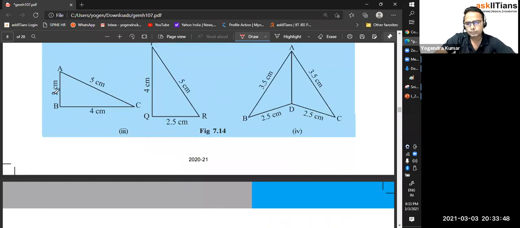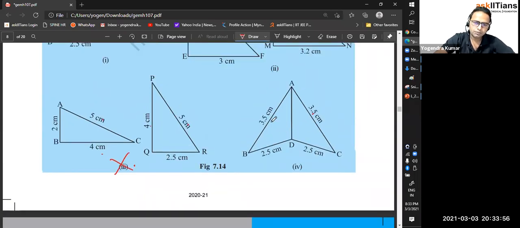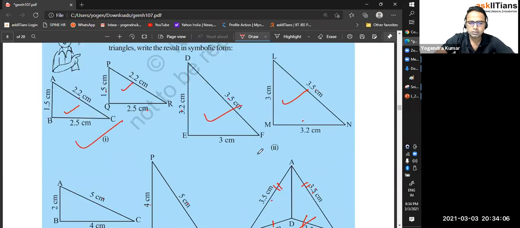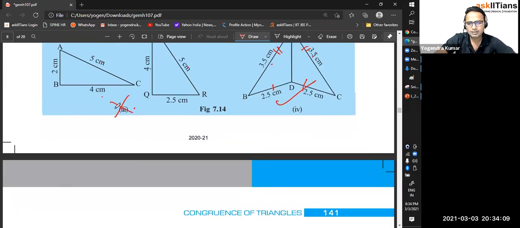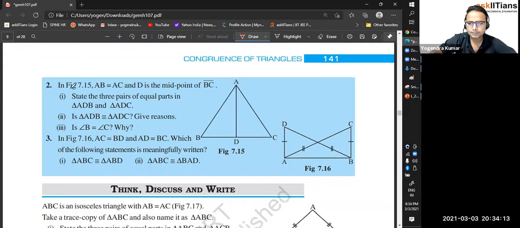Here 5 is there, 5 is there, 4 is there, 4 is there, but they're not congruent. Here 3.5, 3.5 are equal, this is equal to this, and that third side is common, so they are congruent. But in this third one, there is no congruency, right? I hope you're getting it.